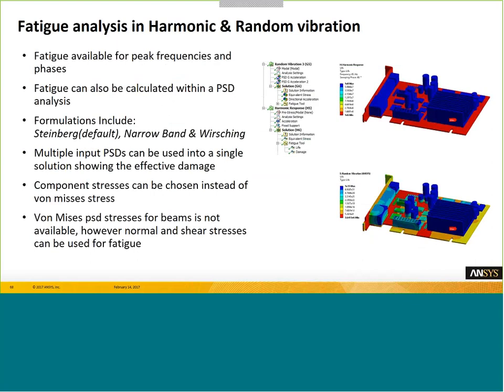So basically we go in and say we want to use these different PSD or harmonic excitations, and say how long the part is exposed to this environment, and the fatigue tool will allow us to predict the life or the damage exposed by these parts. So it's a nice expansion to what we were able to do with the fatigue tool before, where we were taking thermal stress and stress results and doing a fatigue analysis. We can now do this within linear dynamics as well.